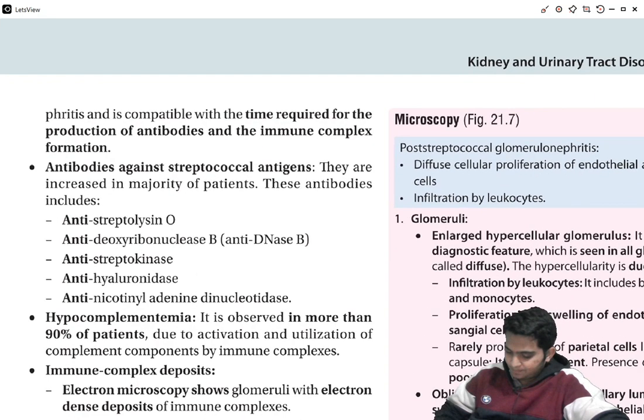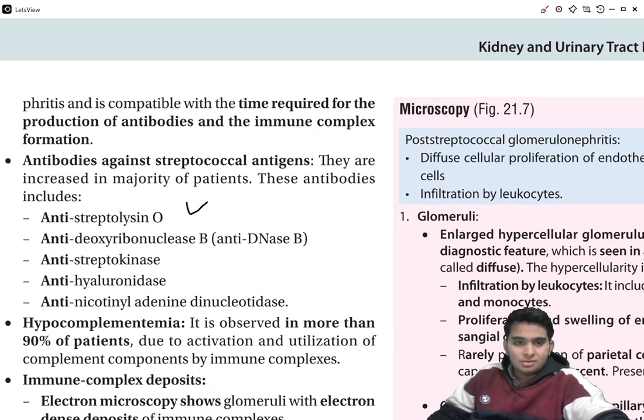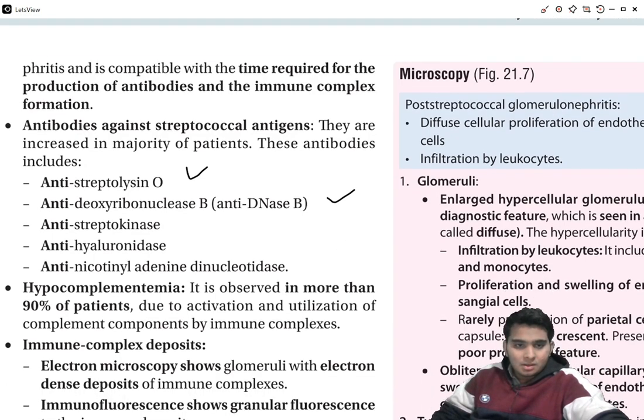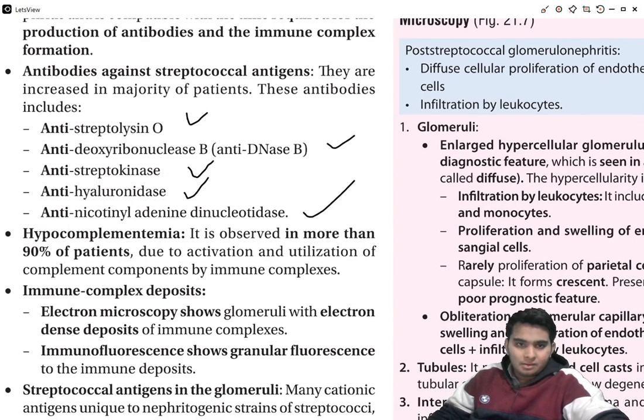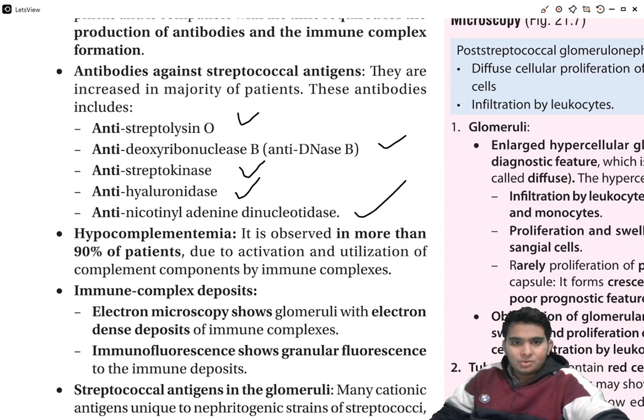These antibodies are anti-streptolysin O, anti-deoxyribonuclease B, anti-streptokinase, anti-hyaluronidase, and anti-nicotinyl adenine dinucleotidase. Hypocomplementemia is observed in more than 90% of patients due to activation and utilization of complement components by immune complexes.